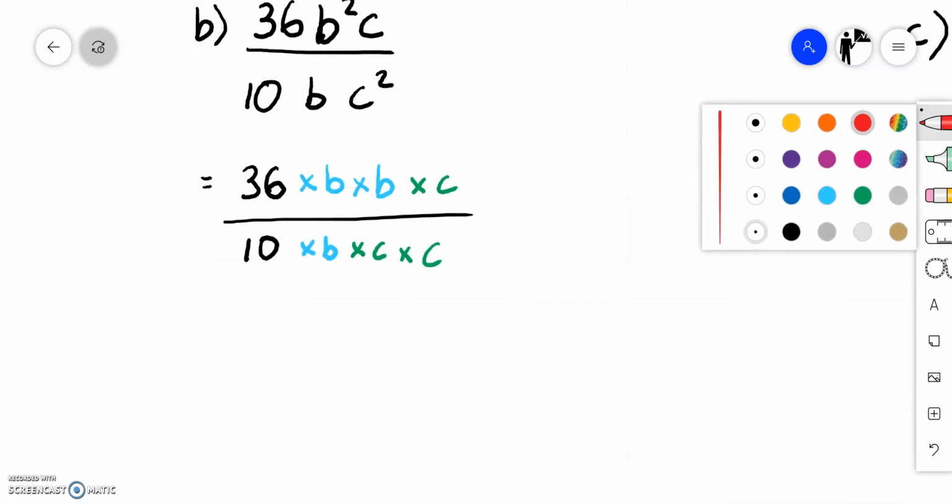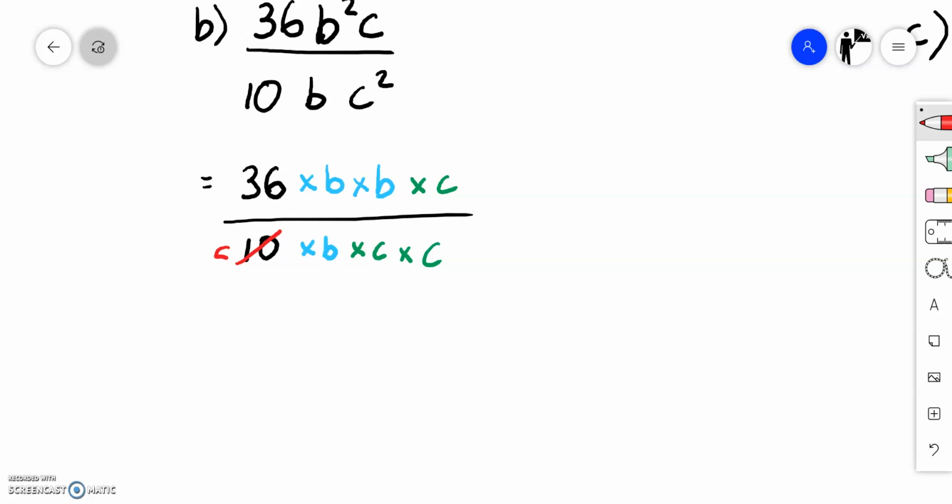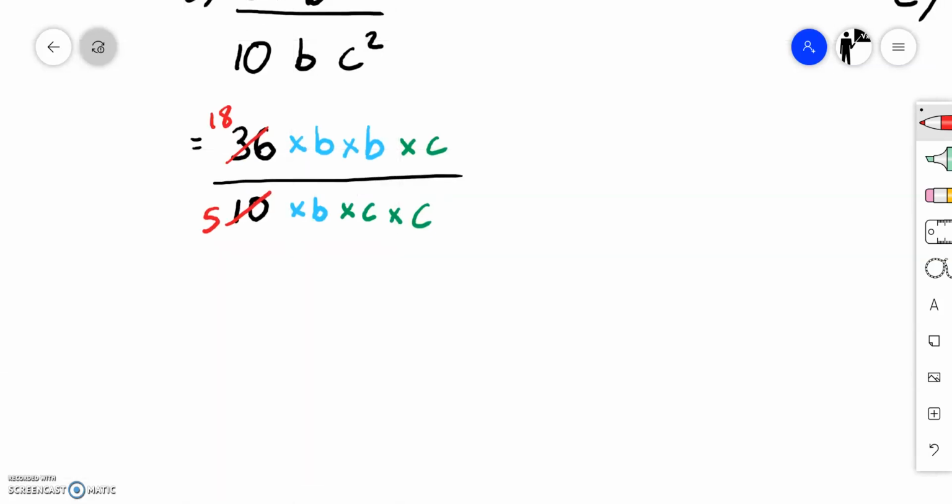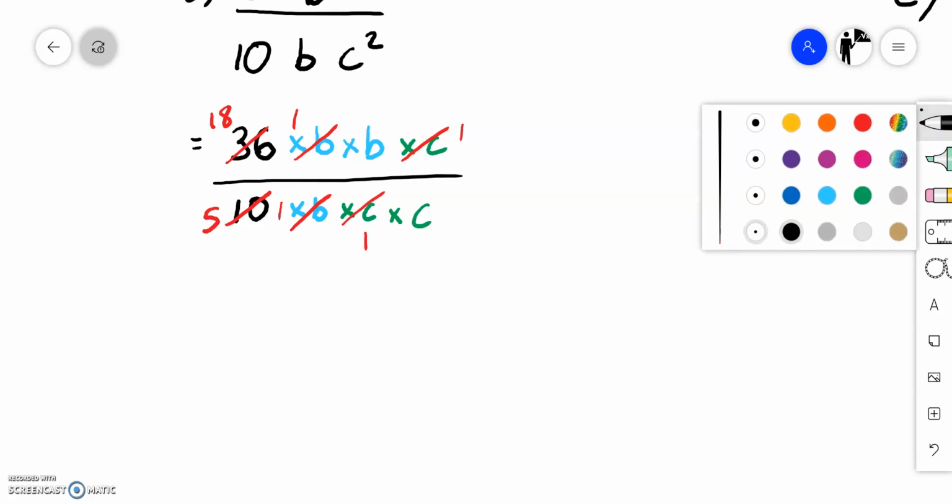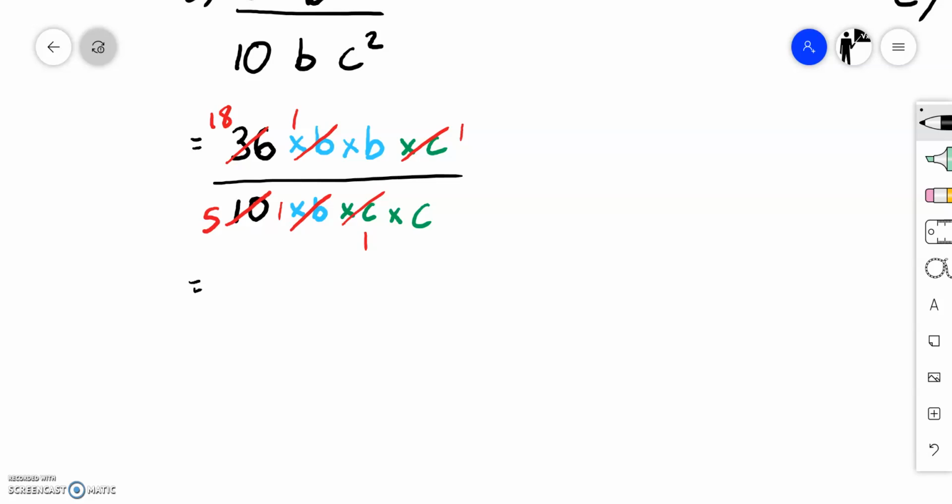When we've got it to this stage, we can then start looking to simplify. Right, 10 and 36, 2 goes into that. 2 goes into that 5 times, and 2 goes into that 18 times. One of these b's can simplify with one of these b's. One of these c's can simplify with one of these c's. And then from there, we can just read off what I've got left. I've got 18 times 1 times b times 1.